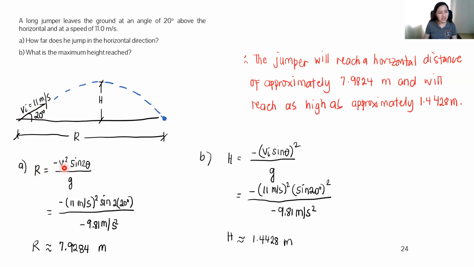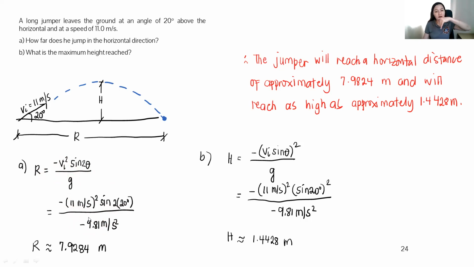So for the range, it's negative VI squared sine 2 theta over g. Okay, so our initial velocity is 11 meters per second. So don't forget to raise that to the power of 2 and take the sine of 40 degrees and then divide it by 9.81 meters per second squared. So take note that we're putting here a negative sign because asa man ang direction sa G, diba?